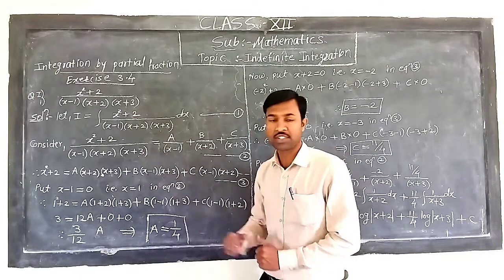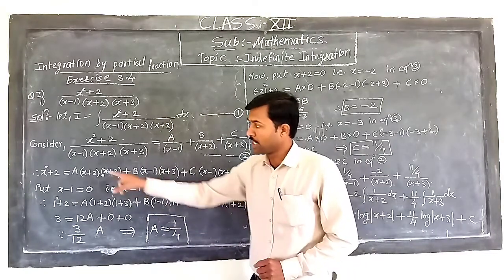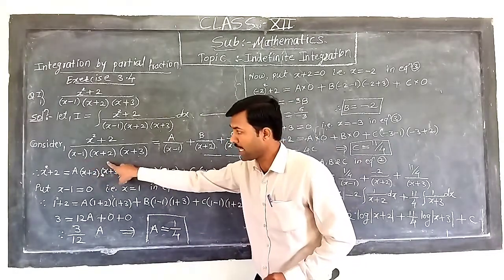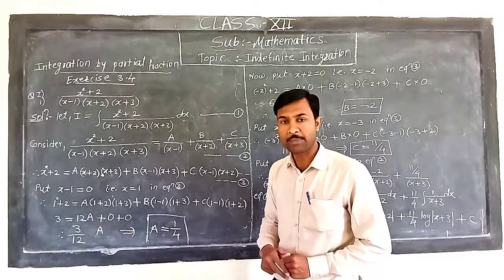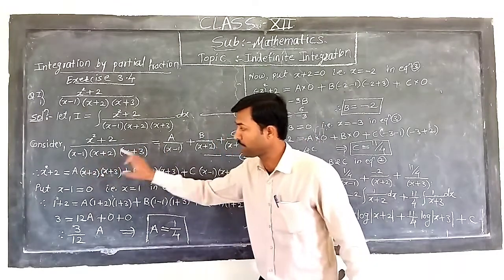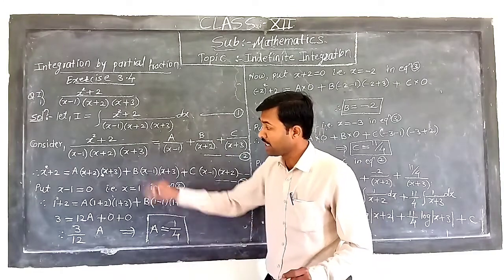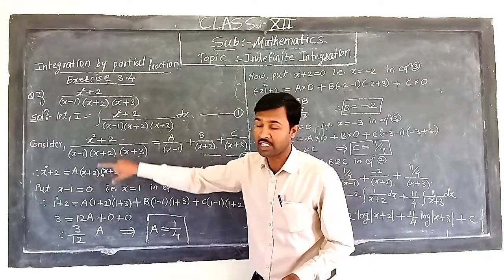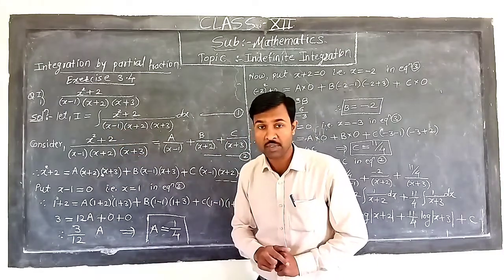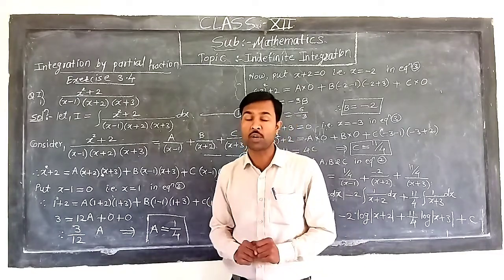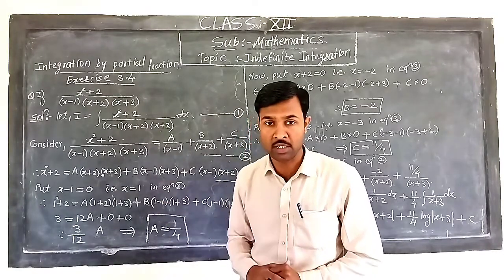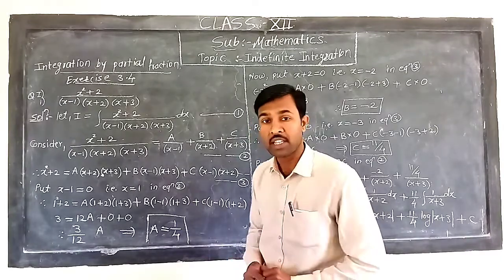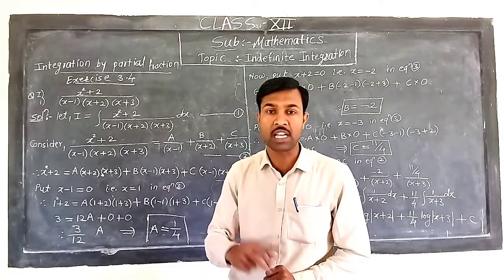If I observe this term, here the denominator is x minus 1 into x plus 2 into x plus 3. If I multiply this, x into x into x, it will be x cube. It means that the degree of the denominator is greater than the degree of the numerator. And whenever the degree of the denominator is greater than the degree of the numerator, then it is a proper rational function.